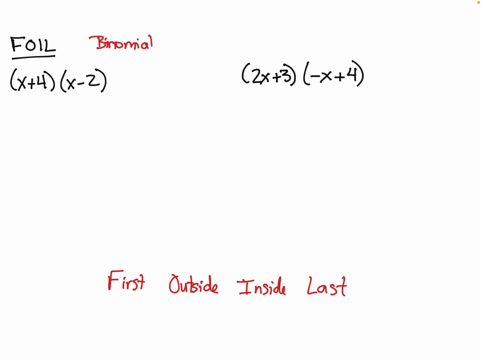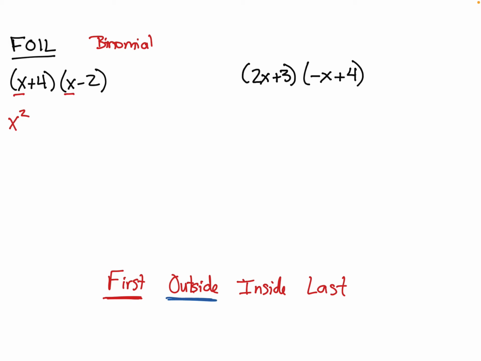The first multiplication we're going to do is the first terms in each set of brackets. In this case, it would be x times x, which gives me x squared. Then the next multiplication we're going to do are the outside terms. Outside in this case means furthest from the inside. So in this case, it's the first term in the first set of brackets and the last term in the second set of brackets.